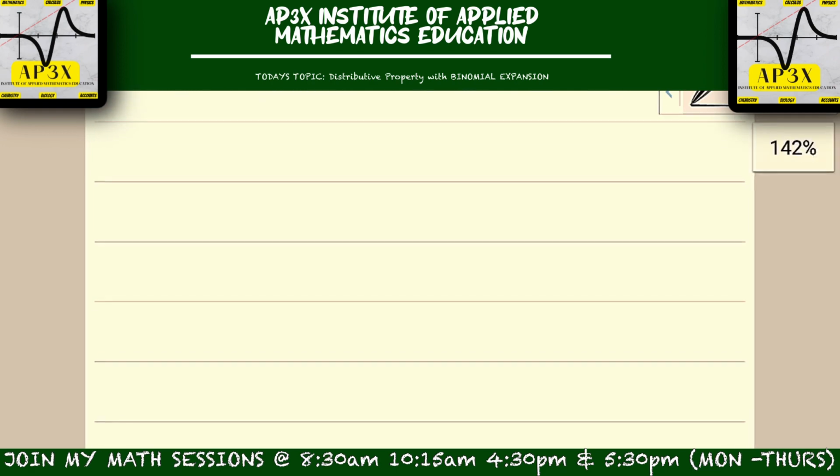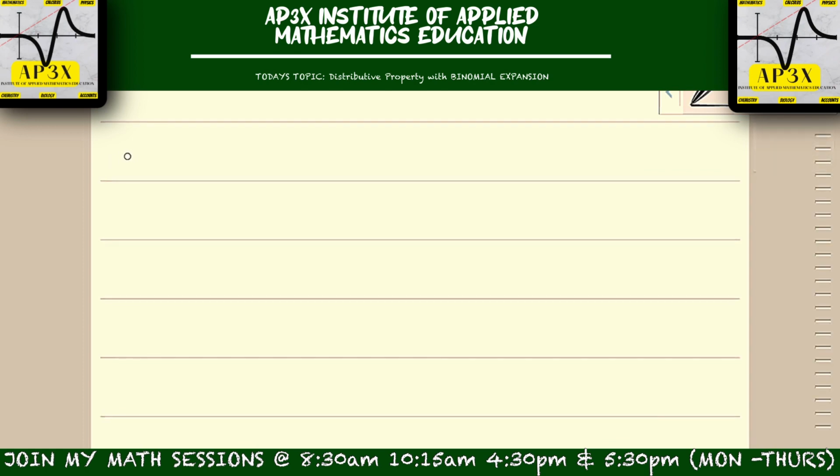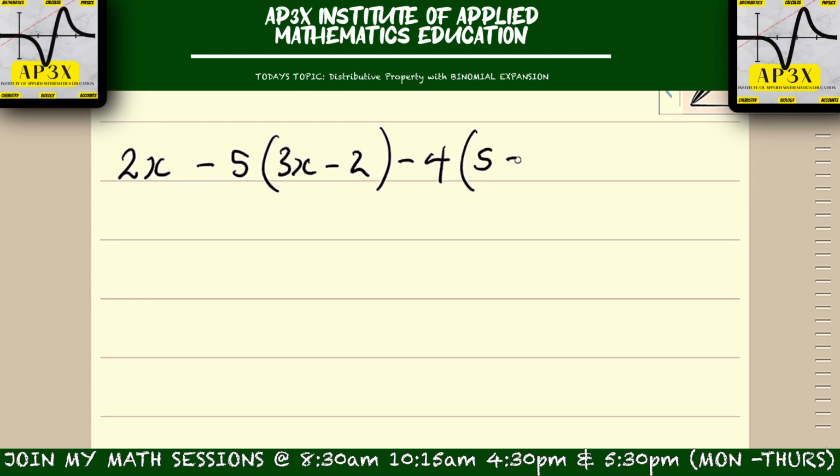All right, let's make it very complicated. Let's say then that you're asked to 2x take away, say here, 5 open bracket 3x minus 2 minus 4 open bracket 5 minus 2x open bracket 3 plus 4x close bracket here.